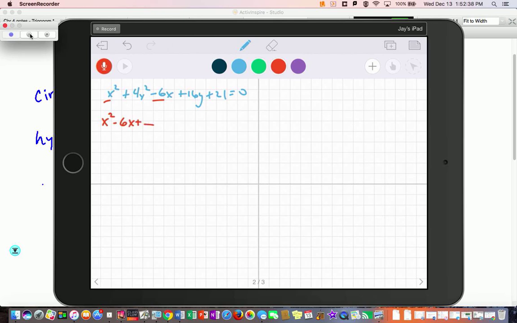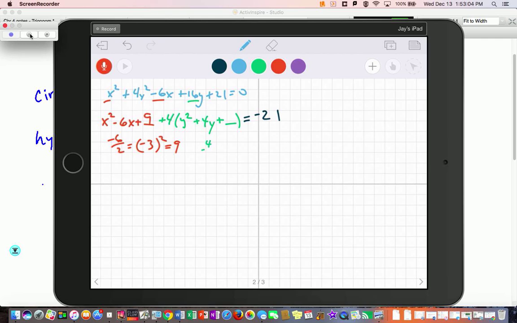For the y's, I'm going to have to factor a 4 away from the y squared. So I have to do the same thing to the 16. 16 divided by 4 is also 4y there, plus some new number. And then we're just going to remember to send the 21 to the other side. So take your negative 6, divide by 2 is negative 3, square it is 9.